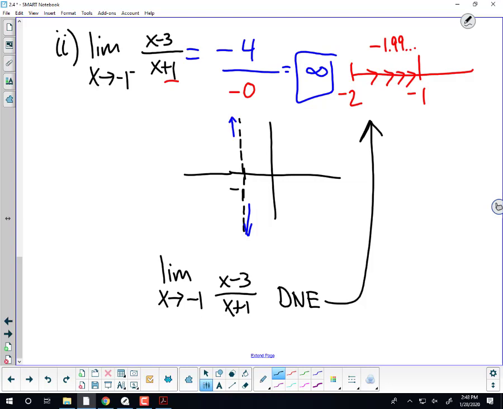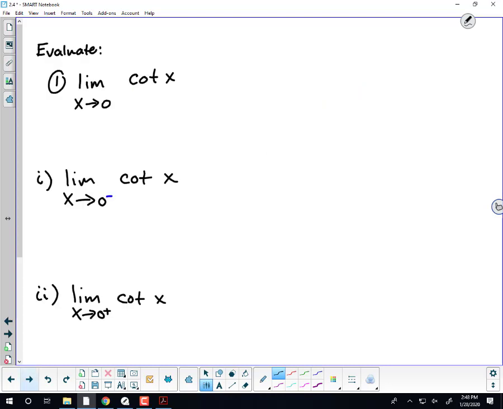You can also use this idea to look at our trig functions too. We look at them in the same light. I probably should admit that I personally don't really remember the cotangent and cosecant graphs.